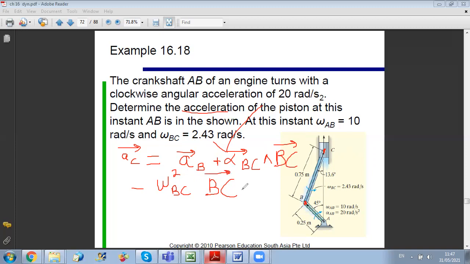Now I will replace each vector by its expression. Concerning point C, I just know that it's moving vertically. So this is AC J, AC along J. Equals to, for point B, okay, I can get the acceleration of B, because as you can see on the figure, B is doing rotation about a fixed axis.